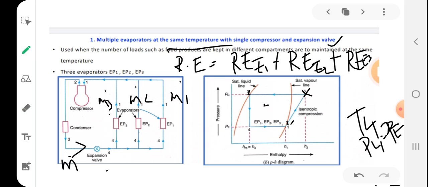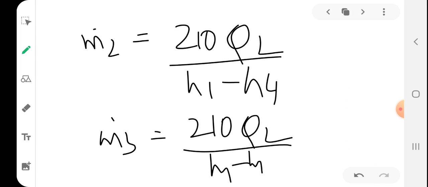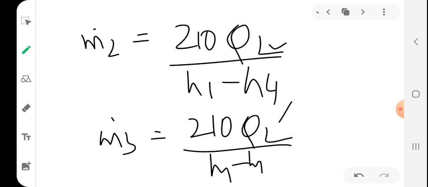All these three different streams get mixed together here to form M dot, and from here M dot will be split into three again based on the load of the evaporator. So based on the load Q1, Q2, Q3, you will get M1, M2, M3. But the inlet and outlet temperatures of the evaporators will be the same, because they are maintained at the same temperatures T4 and T1.